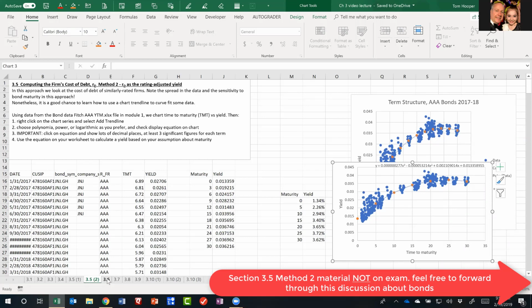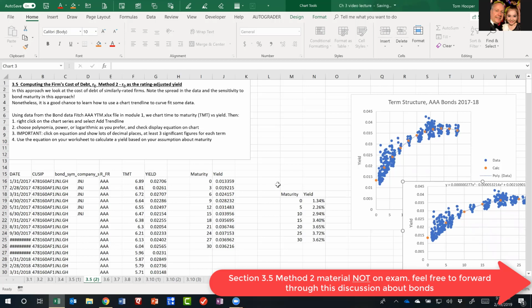Hey, Professor Hooper, this is Ben Carlson. Yes, Ben. I'm getting a different equation whenever I add an equation on the chart. Do you mind going over that one more time? Would you mind sharing your screen? I actually am on a different laptop. Okay, no worries. I think I need to add a few decimal places.